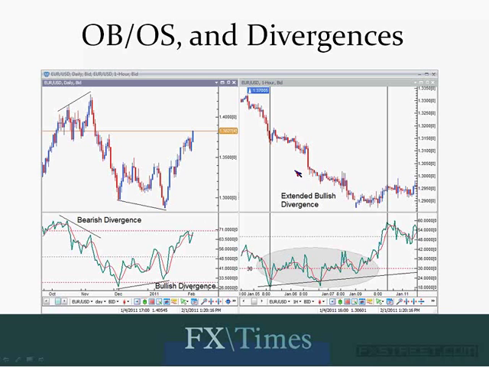On the right side, we see a failure because the market continues to decline here. Your RSI made a higher low, and the RSI turns back up, but your price continues lower. It just continues lower even when you have divergences. Okay, this is an extended bullish divergence, and it shows that the market can stay within overextended, overbought or oversold conditions for a while.